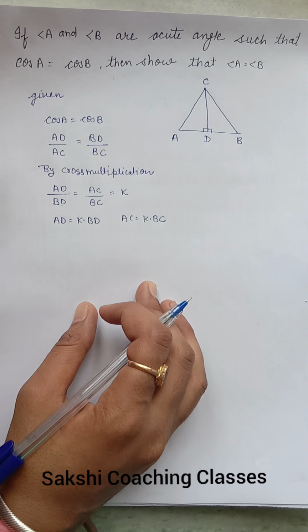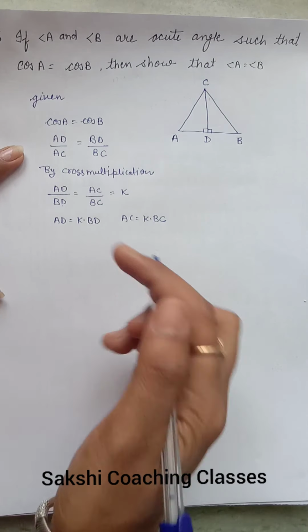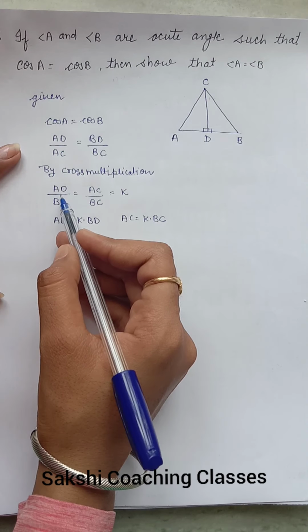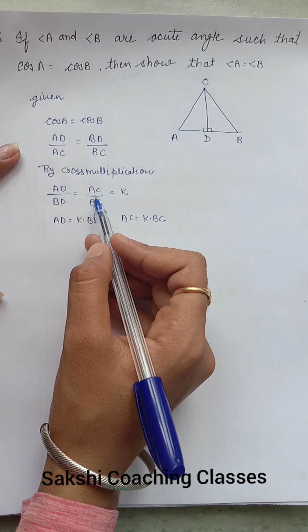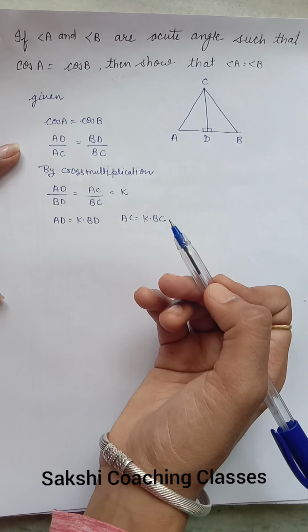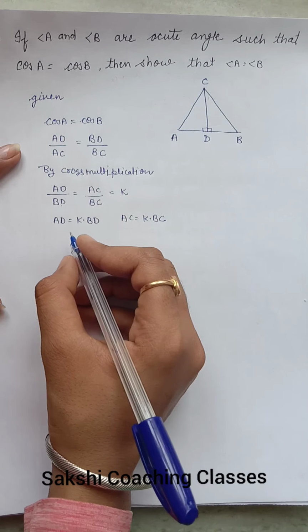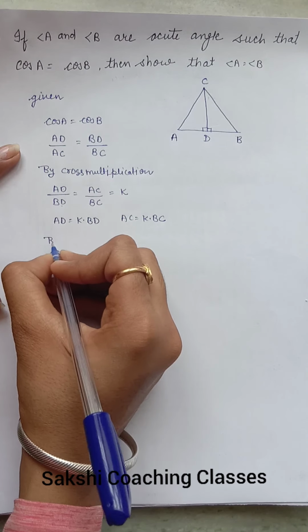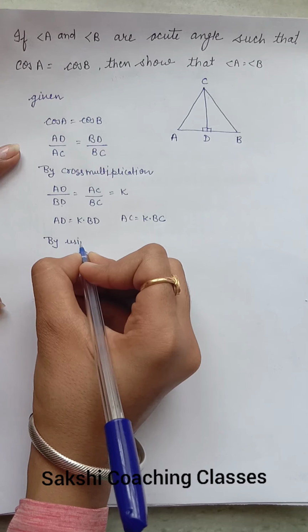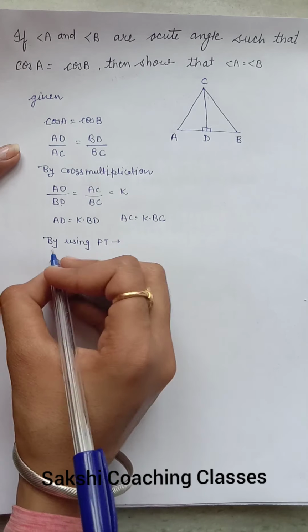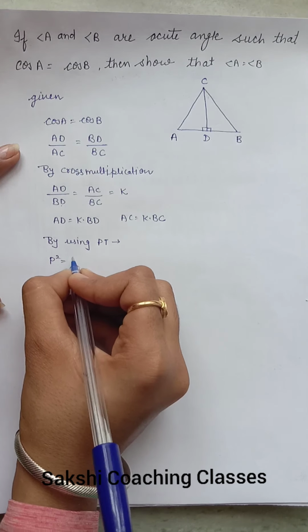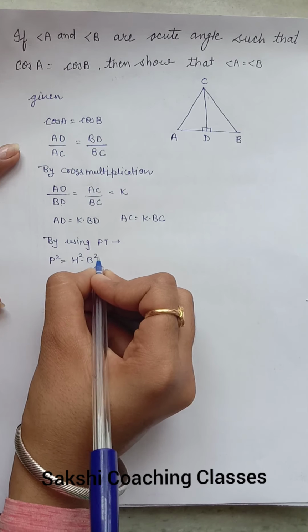Fine. Now we have the base and hypotenuse. Now find the perpendicular by using the Pythagoras theorem. By the Pythagoras theorem, perpendicular square is equal to hypotenuse square minus base square.